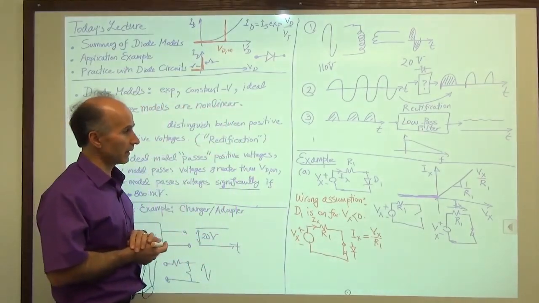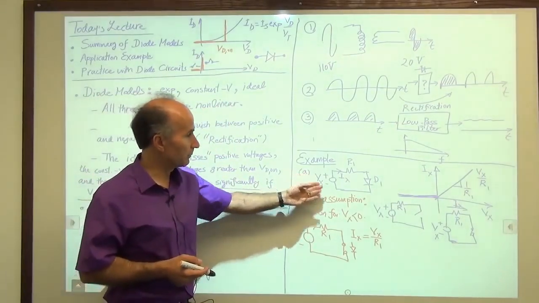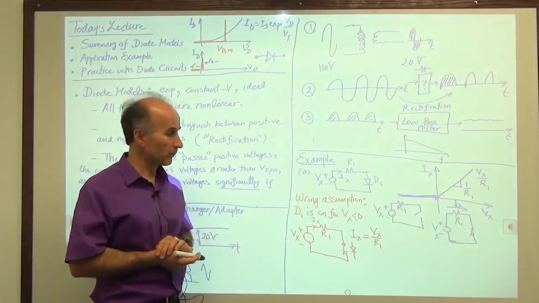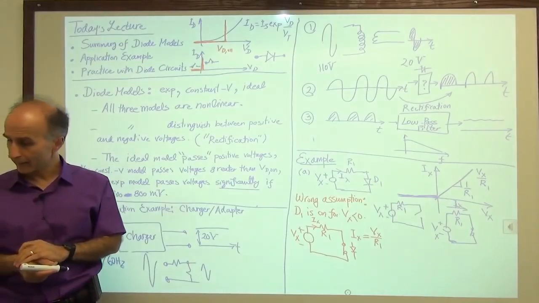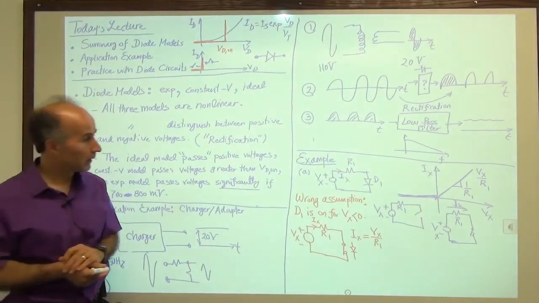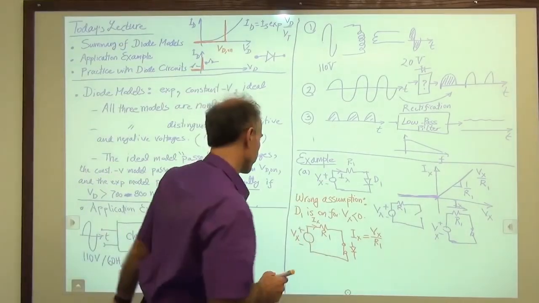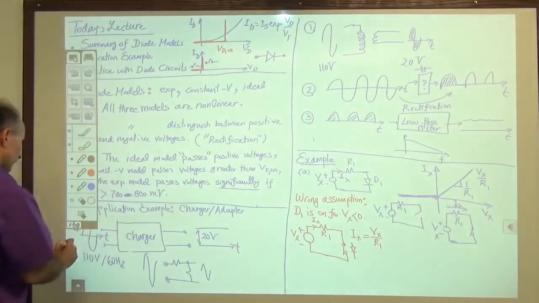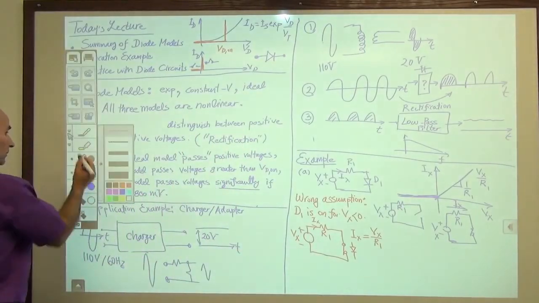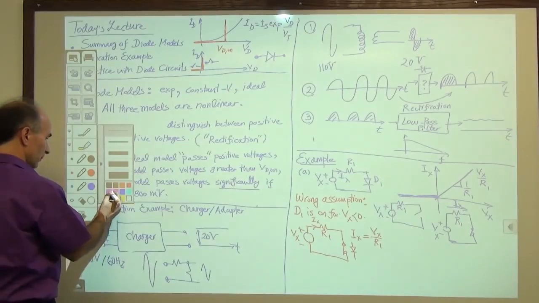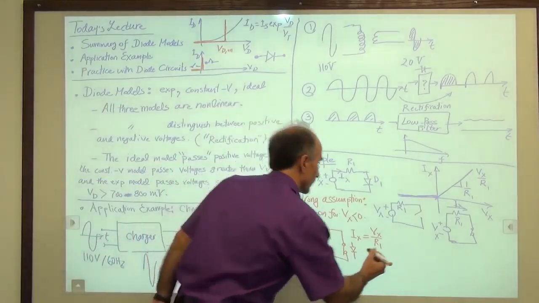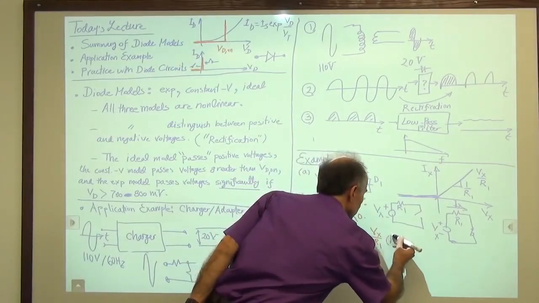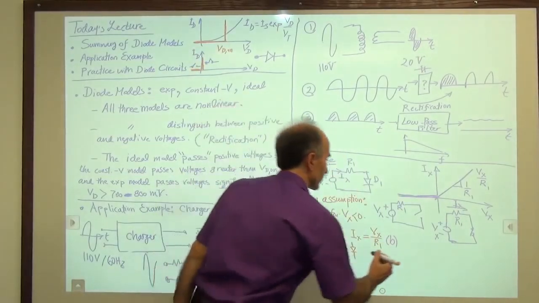Very well. Let's now continue to part B of this problem. In part B, what I will do is add a resistor to this network. So let me change the color of my pen to maybe this one here. In part B, we would like to analyze the following circuit.